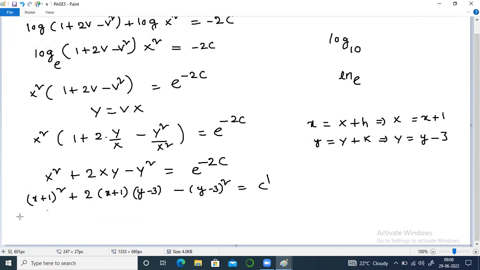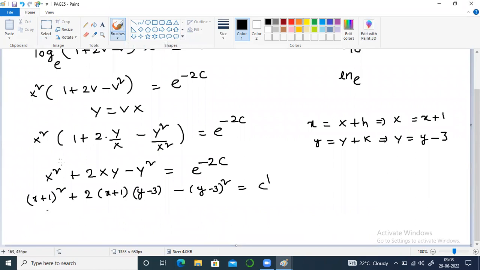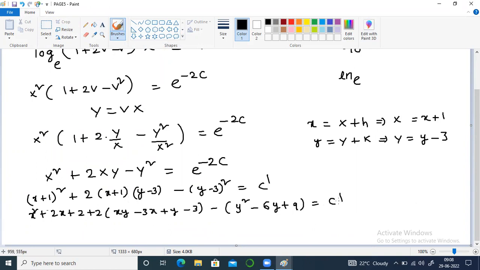So what I am writing is x square. Now x plus 1 whole square means x square plus 2x plus 2, plus 2 into xy minus 3x plus y minus 3 minus a minus b whole square, a square minus 2ab plus b square, is equal to c dash.